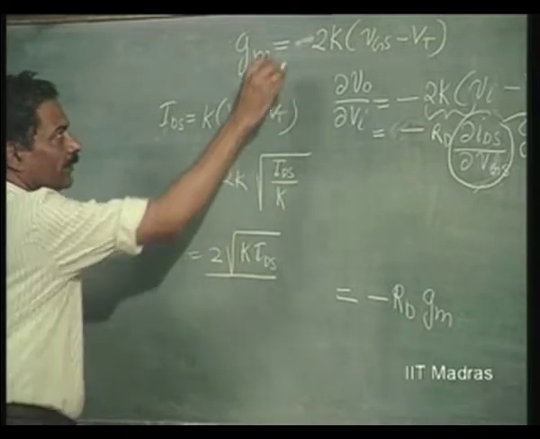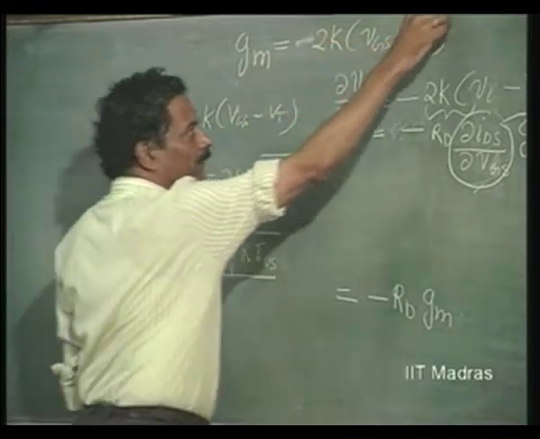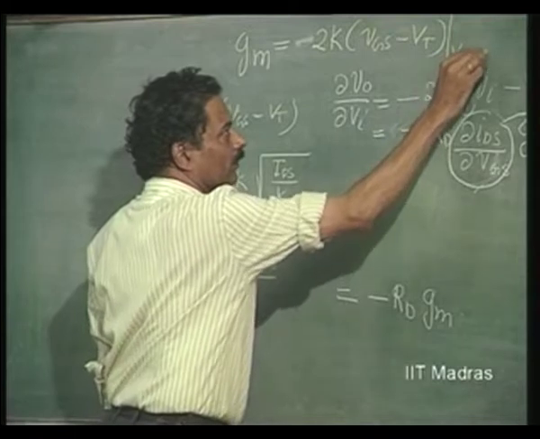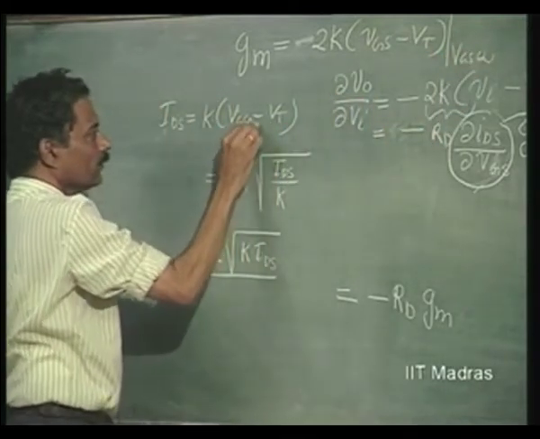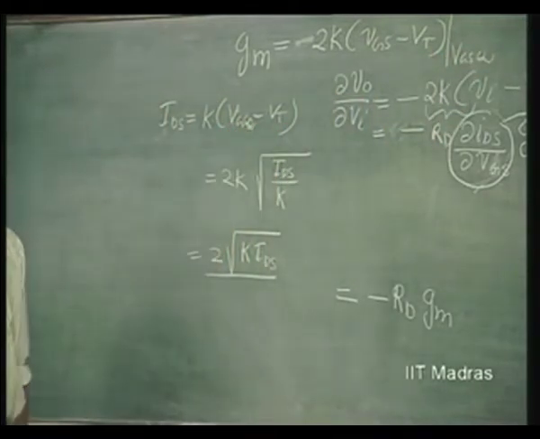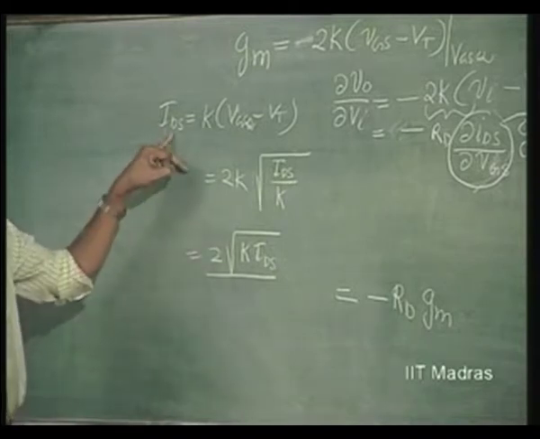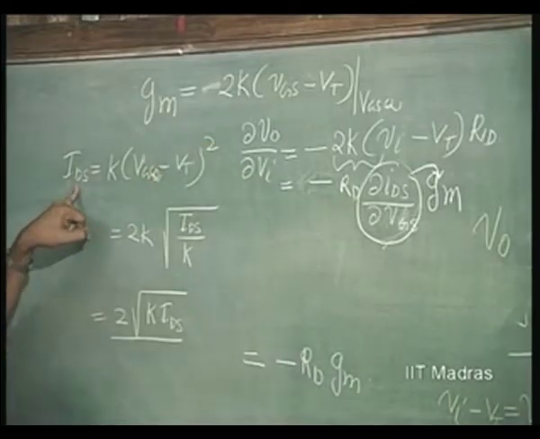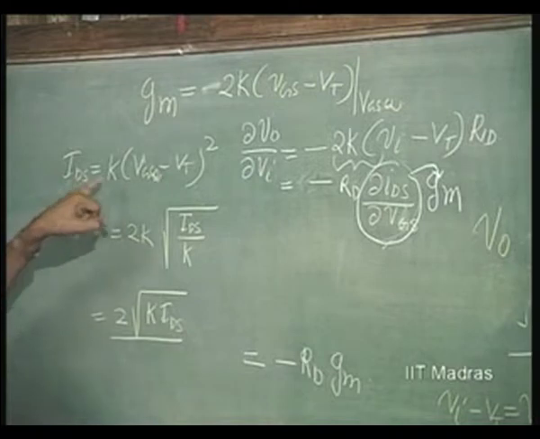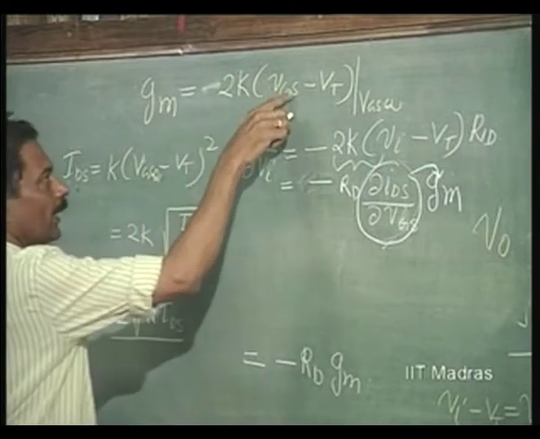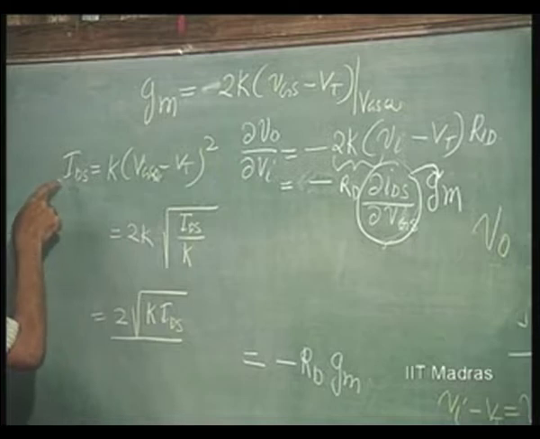This has to be evaluated at a certain operating point, okay, at VGS Q, that is the slope. So, IDS is equal to k times VGS Q minus VT whole square. So, VGS Q minus VT is nothing but root of IDS by k. So, you substitute this.